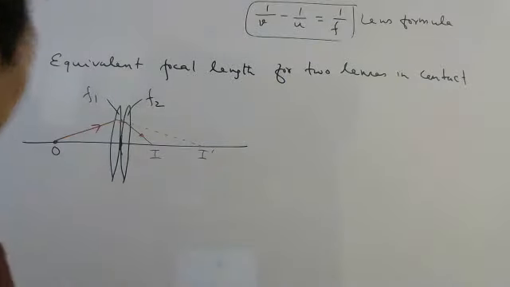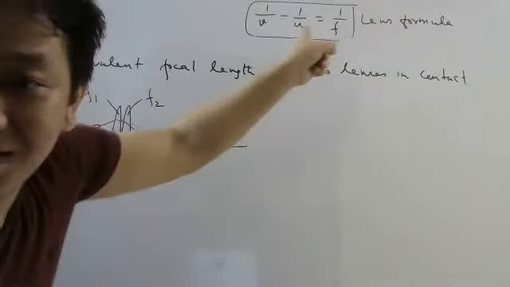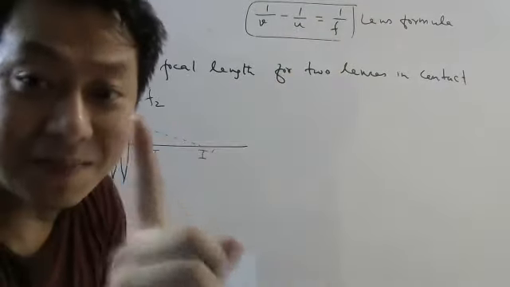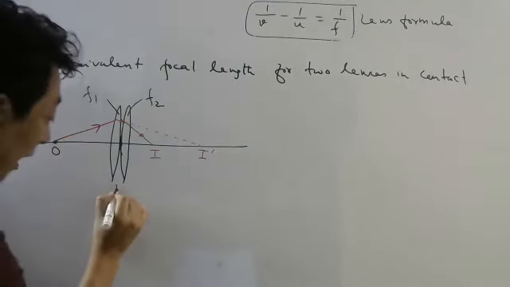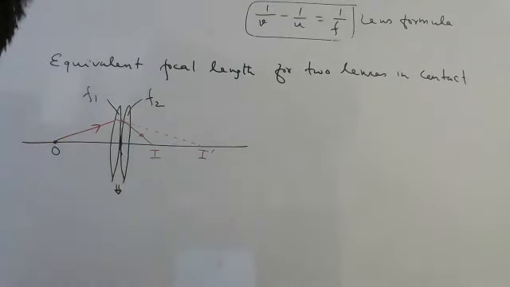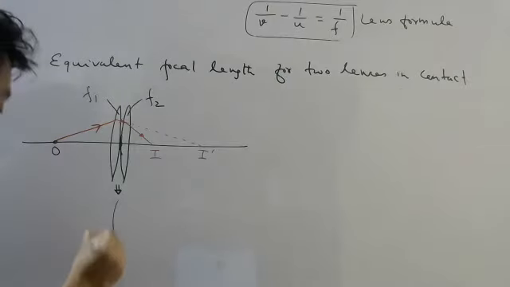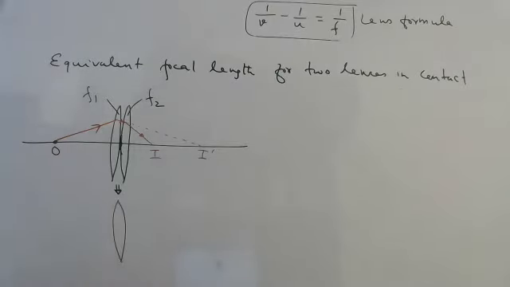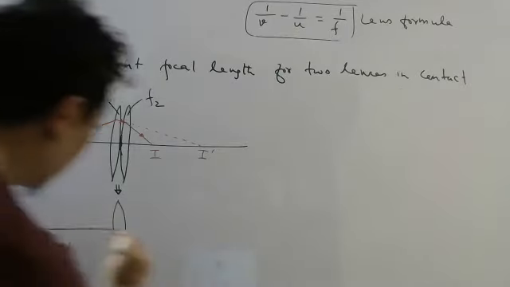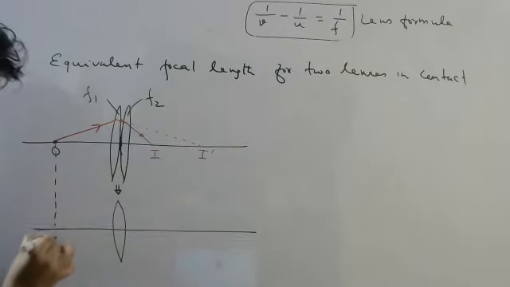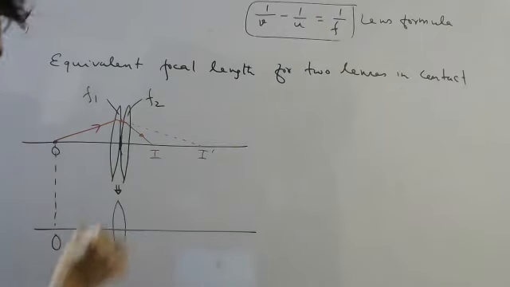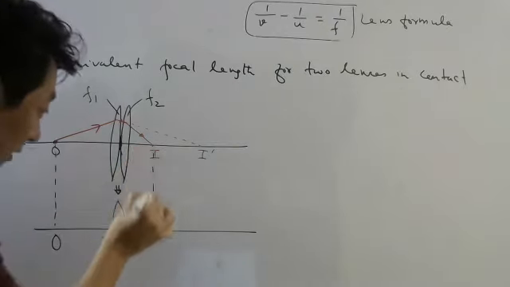We don't have to do that because I already know how to find the image distance using this formula for a lens, remember. So now the question is, I want to replace this by a single lens, so that whatever these two are doing, this will do alone. Meaning, if you keep the object at the same distance, this will form the image at the same distance.